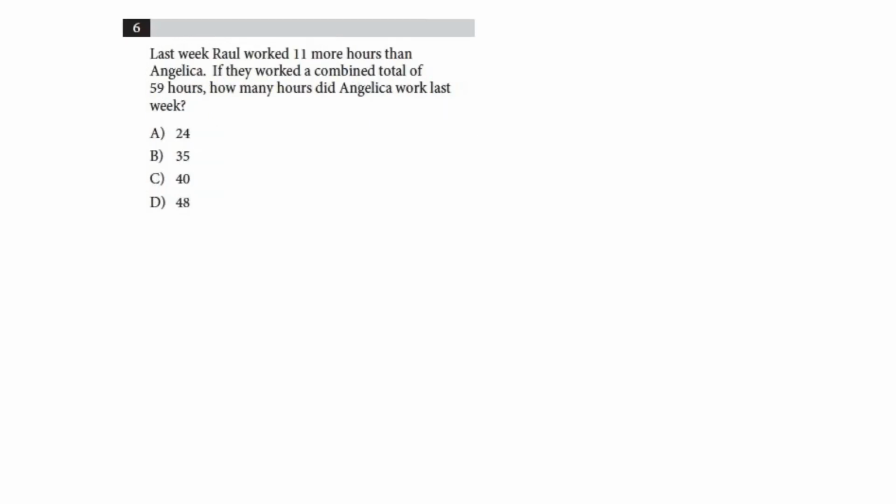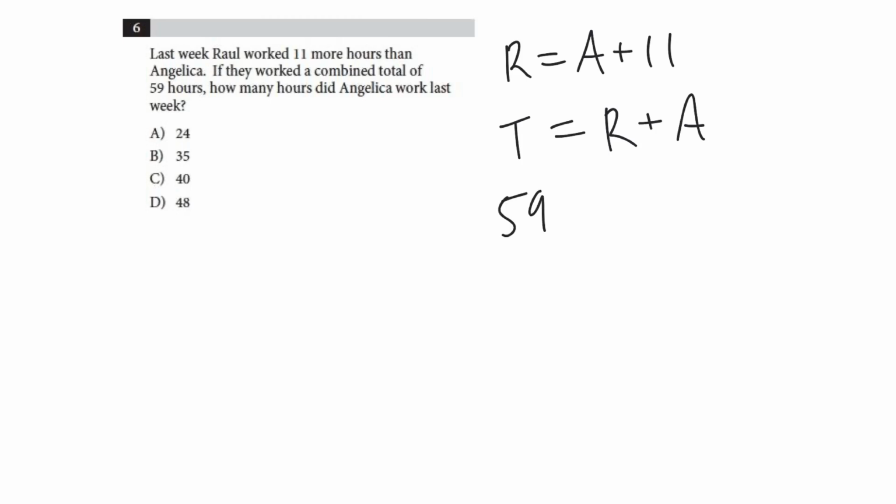Last week, Raul worked 11 more hours than Angelica. If they worked a combined total of 59 hours, how many hours did Angelica work last week? Okay, so Raul equals Angelica plus 11. And we know that the total equals Raul plus Angelica, and that's 59 hours.